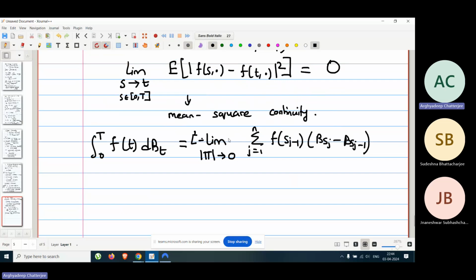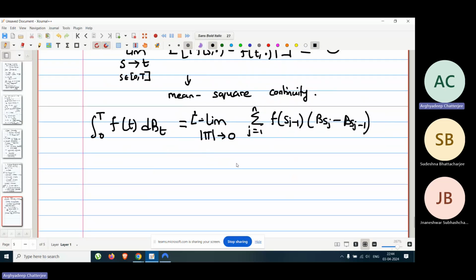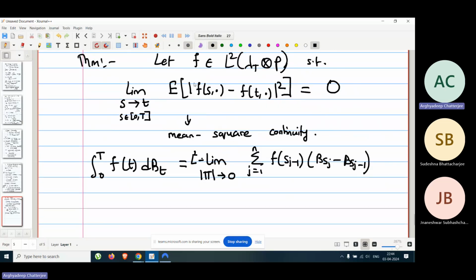So this is basically the L2 limit of the Riemann sum. This is the main point that I wanted to make. So this holds for all f which satisfy this mean square continuity property.